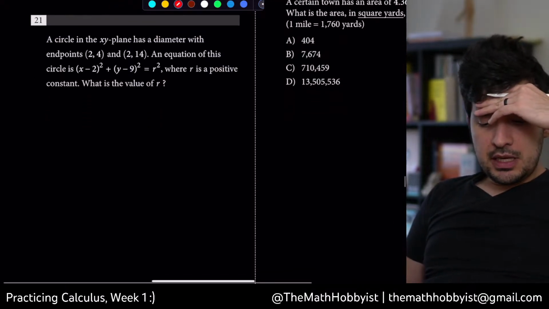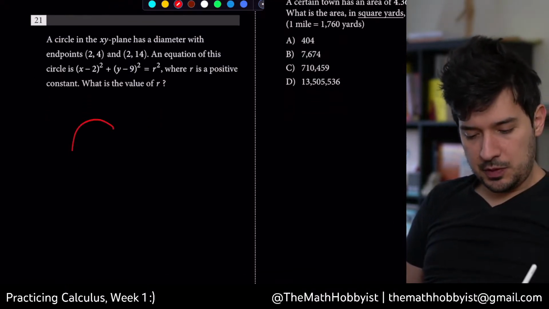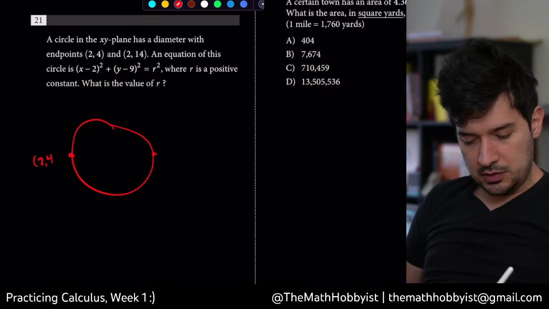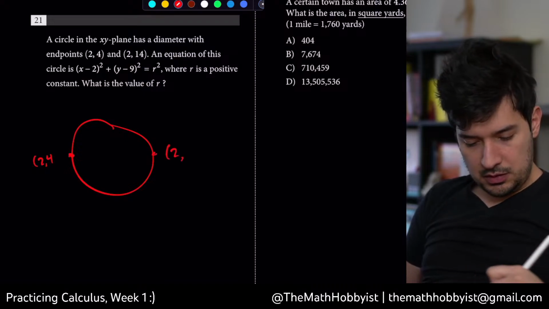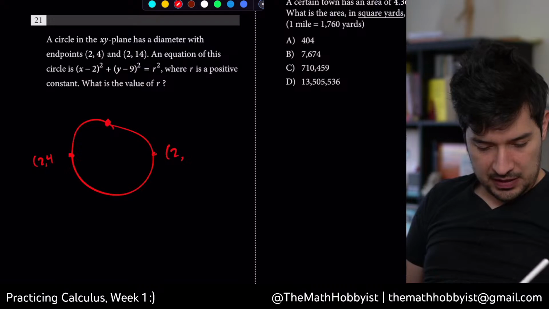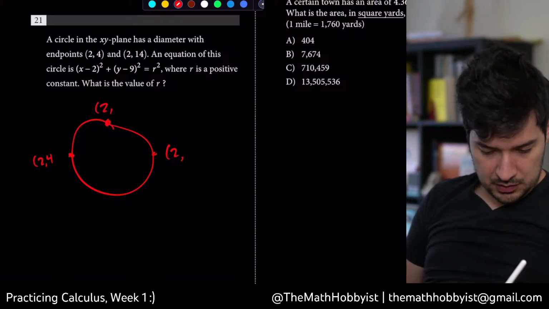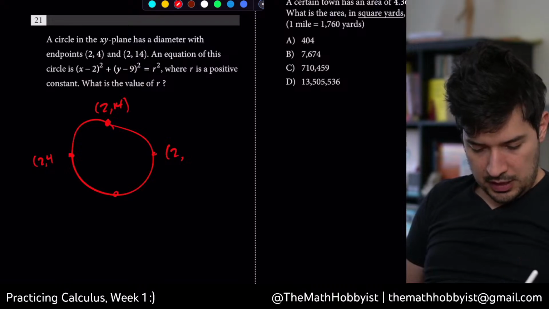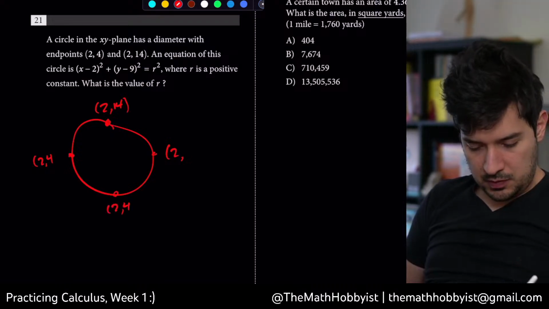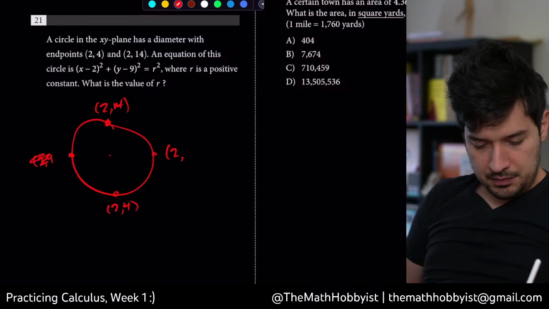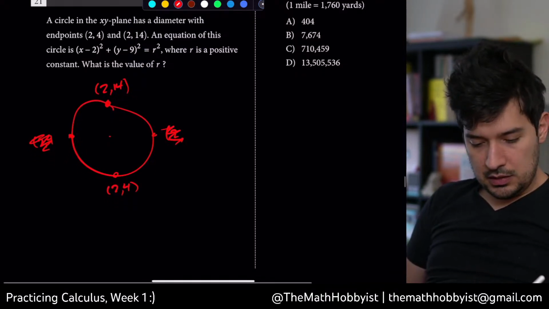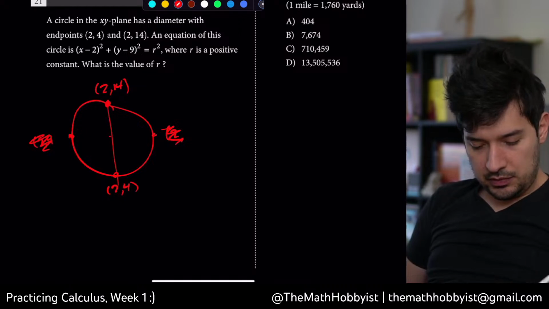Circle in the xy plane, diameter with those endpoints. 2, 4, and 2. Okay, well, if the x value is constant, 2, and the y values are 4 and 14, so the diameter is 10.